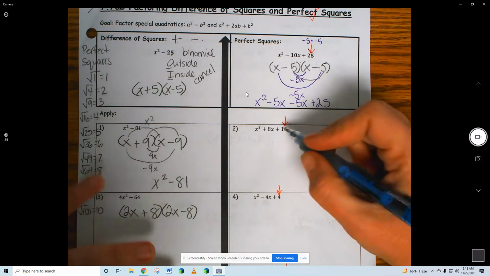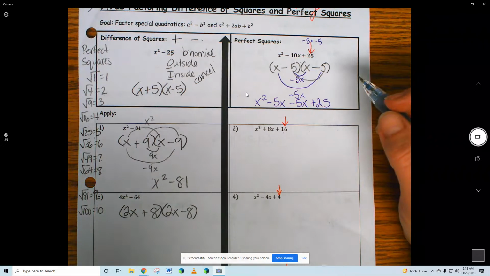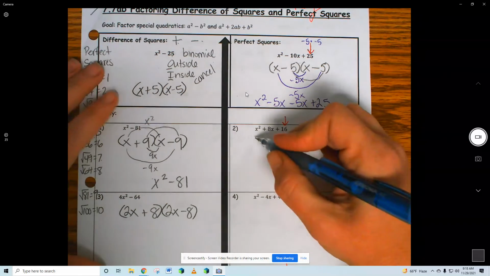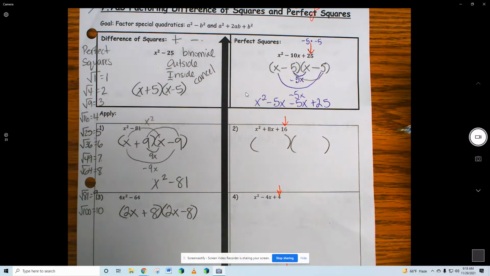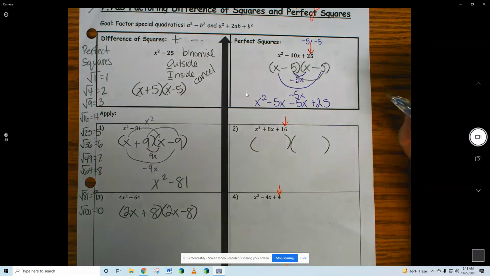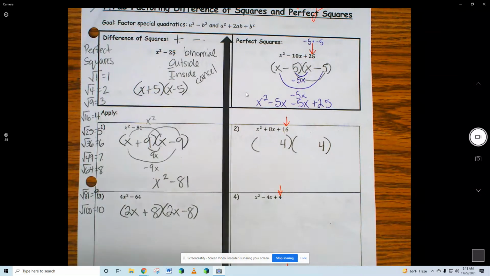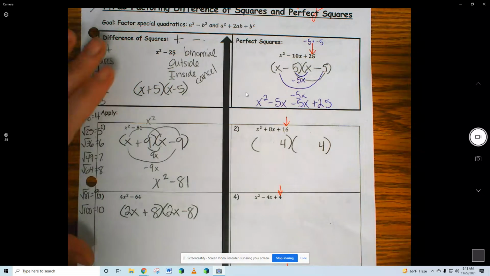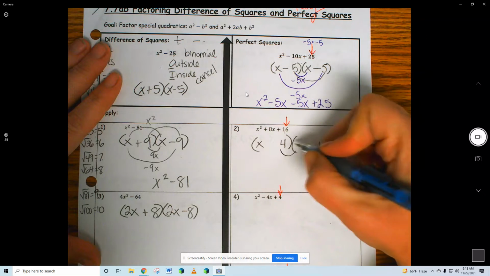All right. So tell me now, what makes 16? You may not say 8 times 2. You may not say 16 times 1. Right. What's the perfect square? What's the square root of 16? What number makes 16? 4 and 4. So, obviously x and x, right?